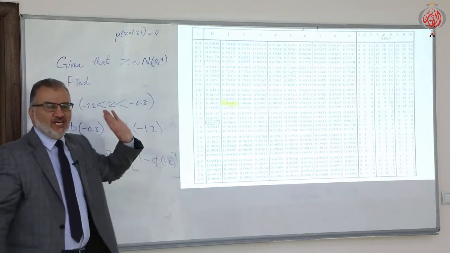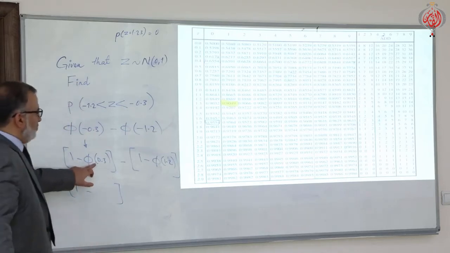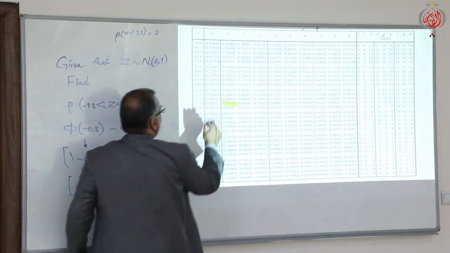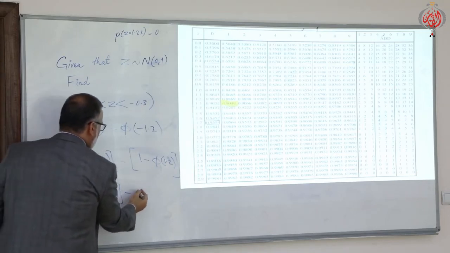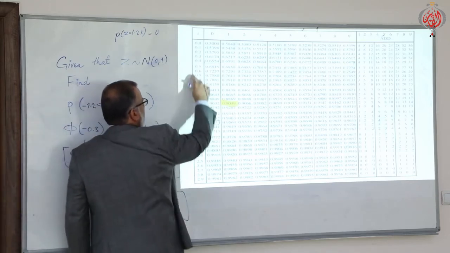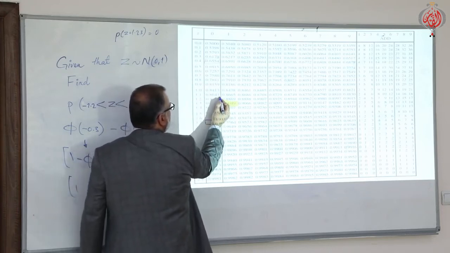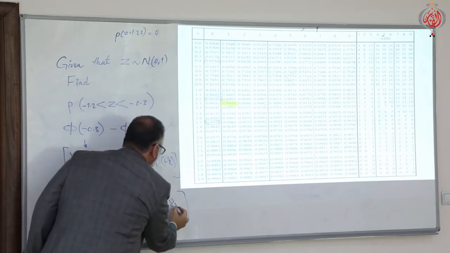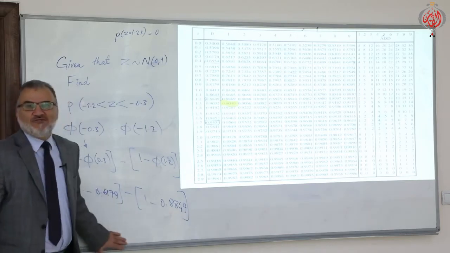So directly in the calculator put 1 minus 0.3, which is 0.30, minus 1 minus 1.2, which is 1.20. So it means that value. By calculations, you will find the value.